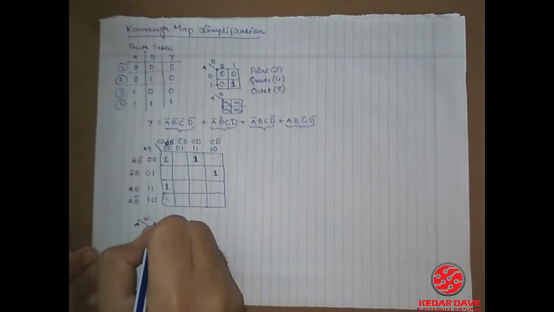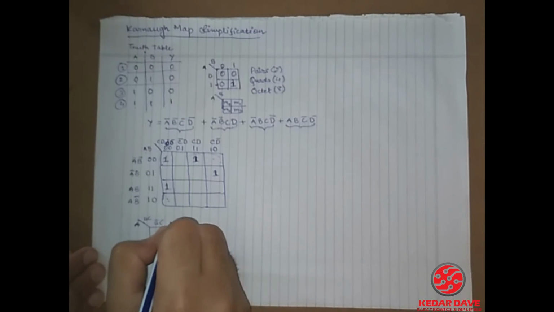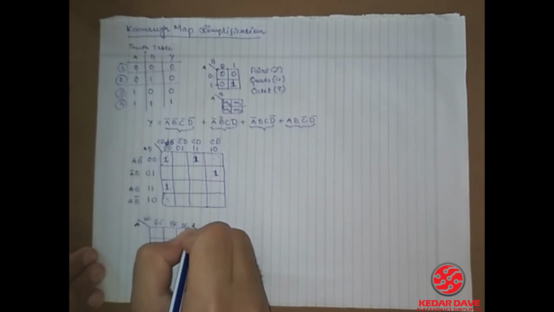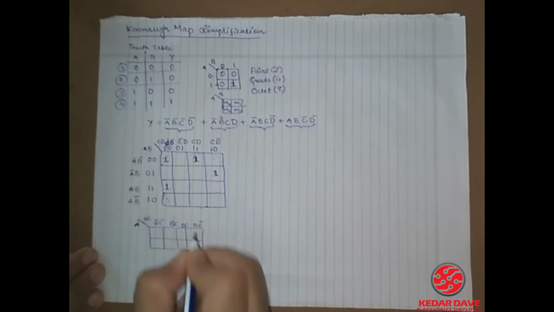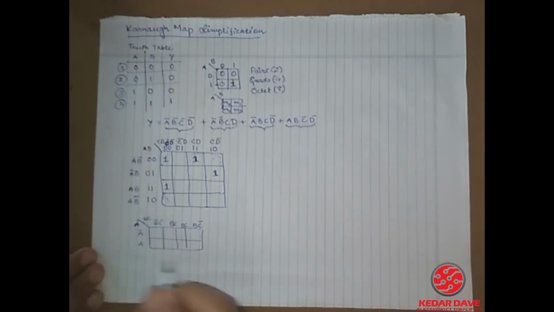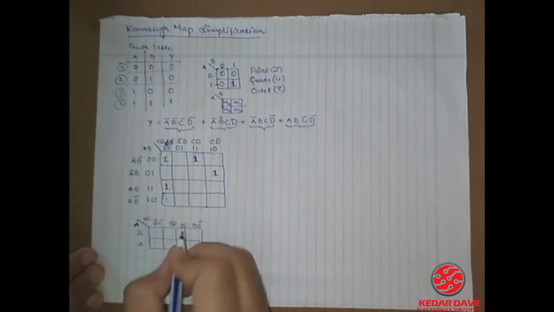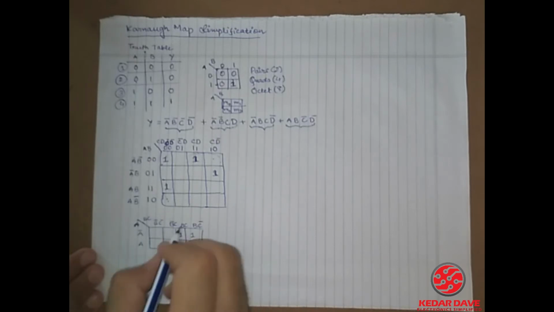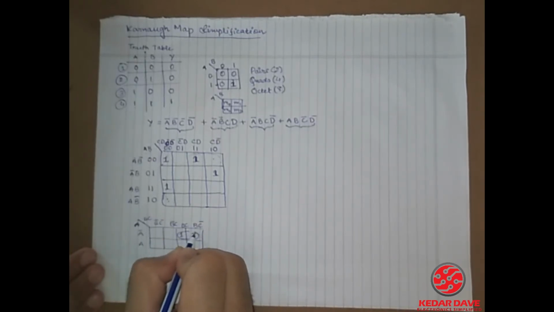So here we can write B bar C bar, here B bar C, here BC, here B C bar, right? Over here and here we can write A bar and here we can write A. So there is some kind of condition being formed like this way, that both the values are shown as 1 1. So both the pairs need to be formed.